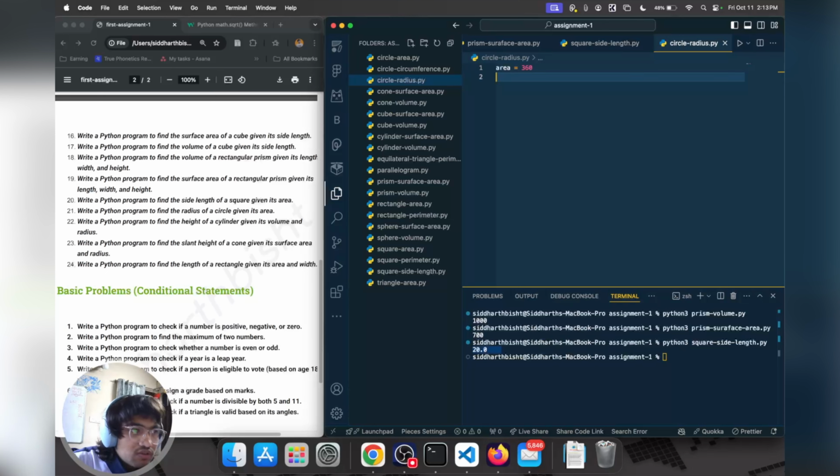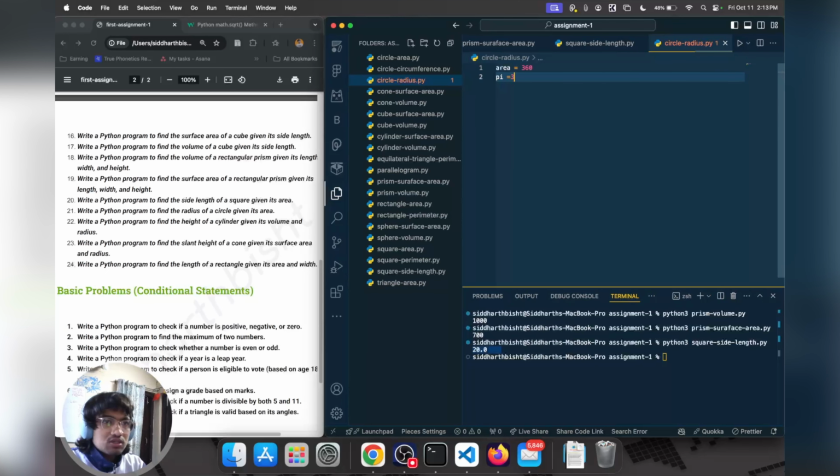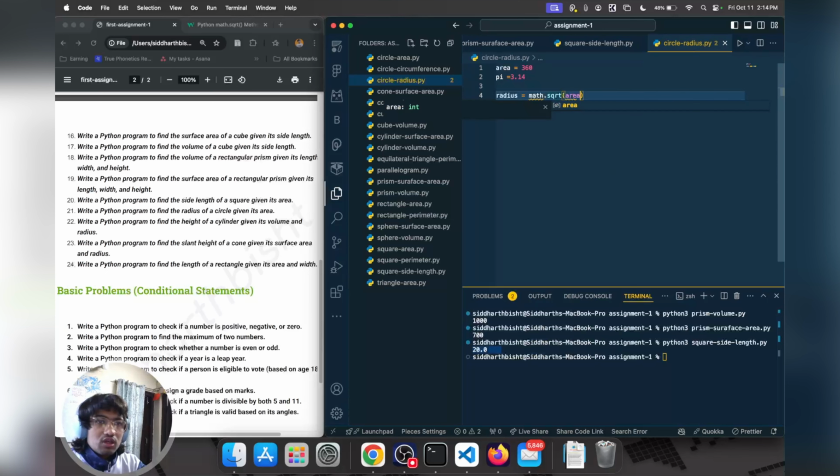It's quite easy. Radius is equal to, and let's take pi also as 3.14. So math.sqrt, and on top we need area, and on the bottom we need the value of pi. That's all.